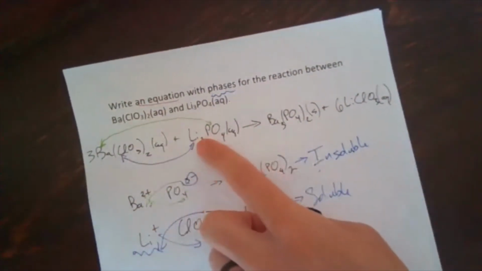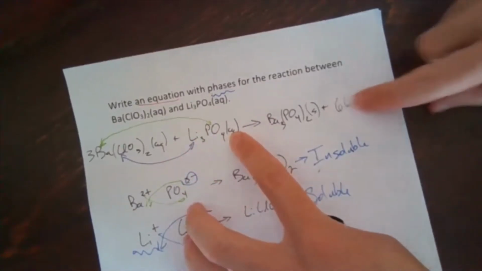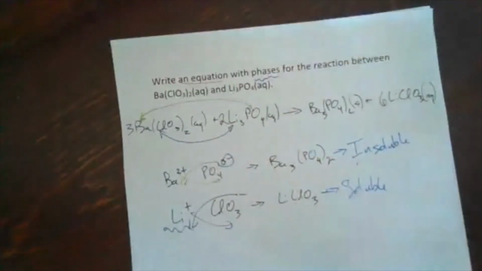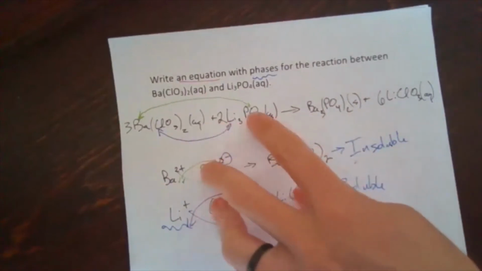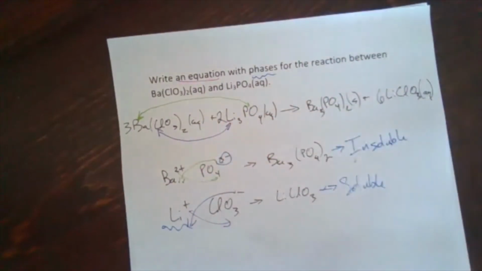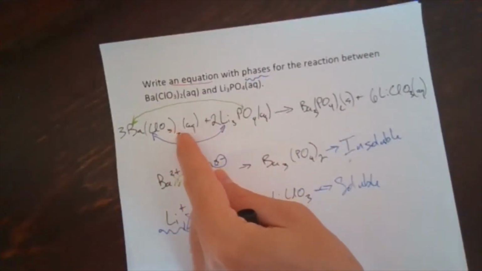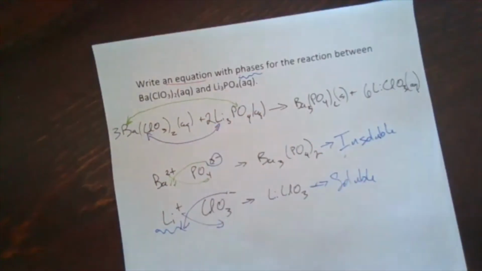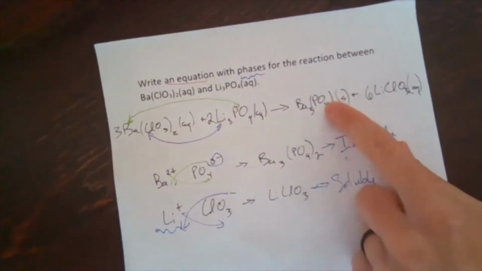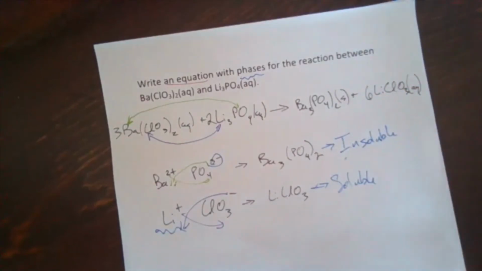So that's where we come to lithium now. Lithium has 3, 6, 3 is lower. You need a 2. Phosphorus 2, 2. So phosphorus is good. Oxygen, let's see, I got 6 times 3 is 18, plus 8 is 24. 8 plus 18, wait, how did I do that wrong?